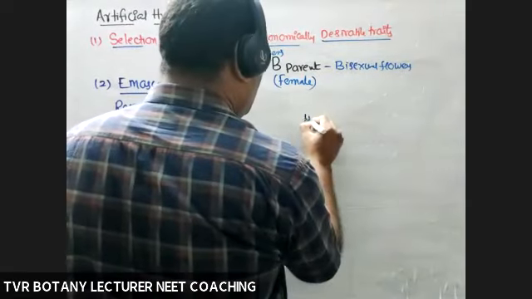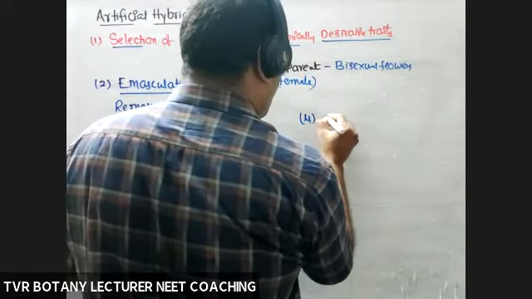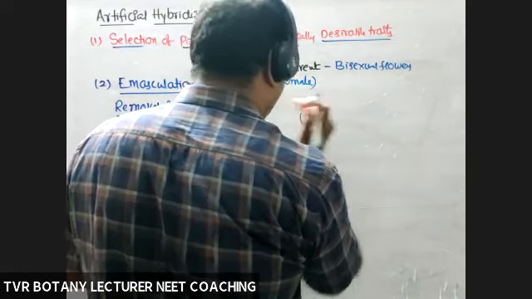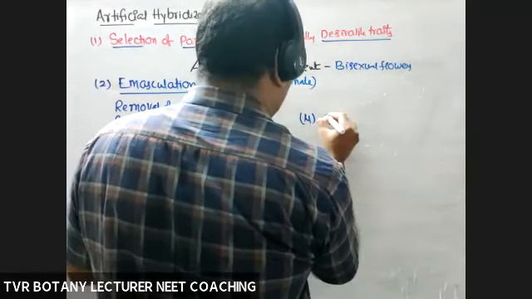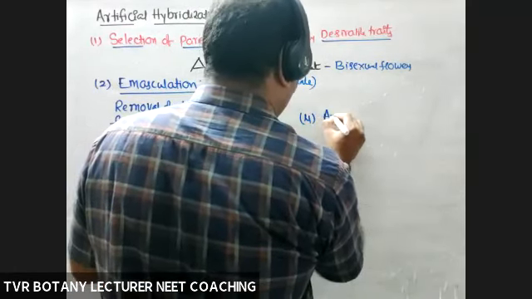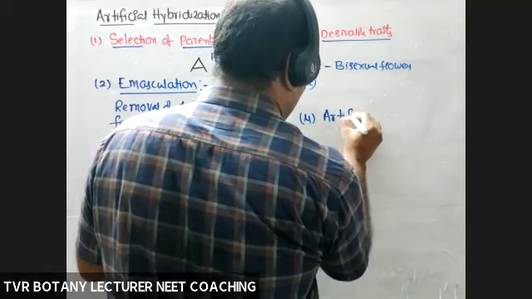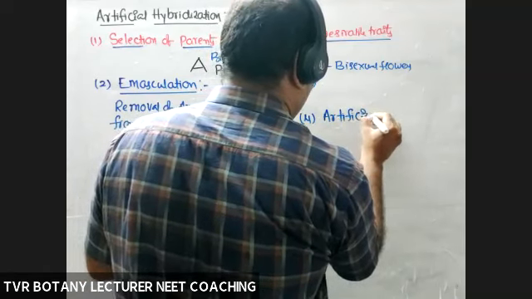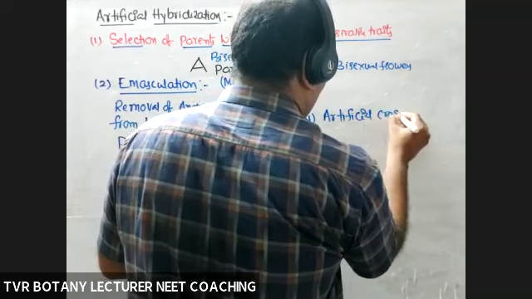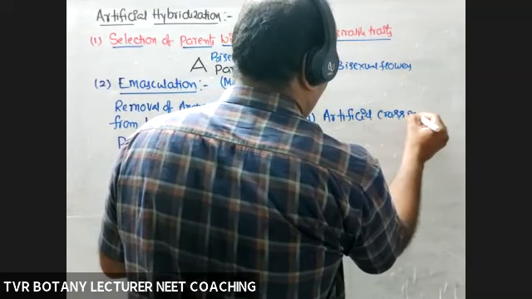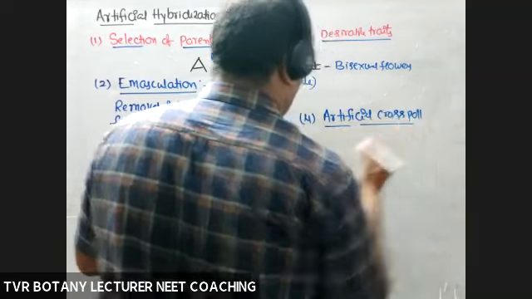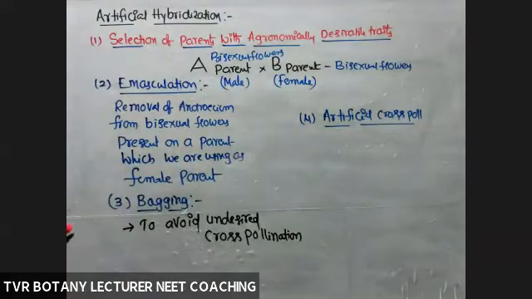Fourth one, artificial hybridization or artificial cross pollination. What is artificial cross pollination?